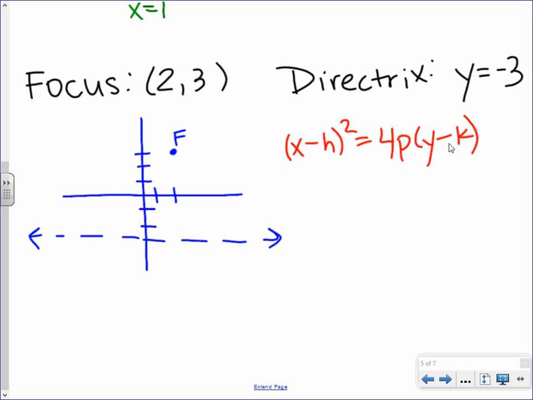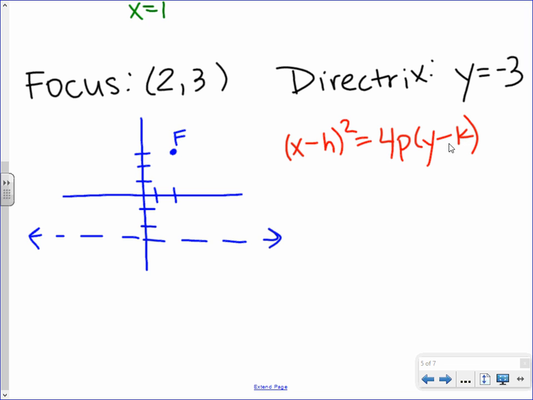Darby, do we have enough information for our vertex? We can figure it out. And how would we figure it out? By finding the distance between the two and dividing that by 2. Our vertex better be in the middle of the focus and directrix, right?